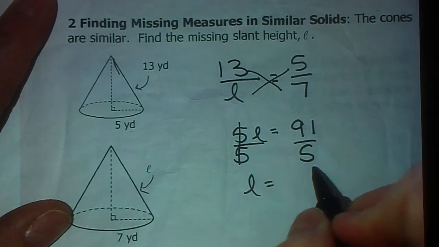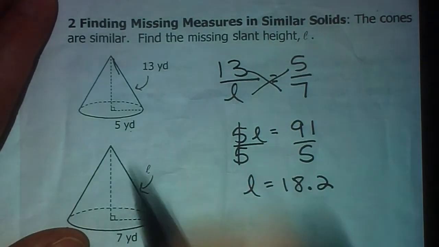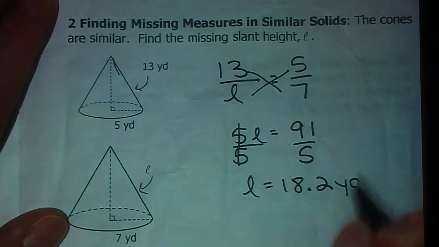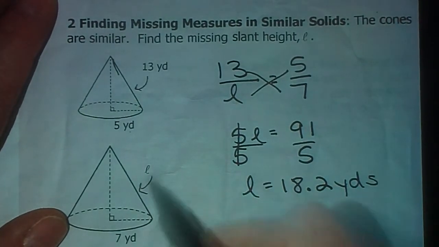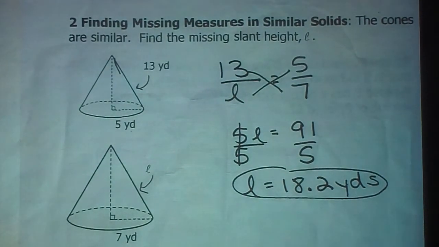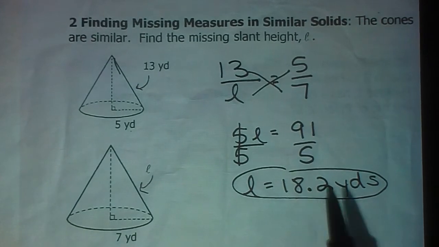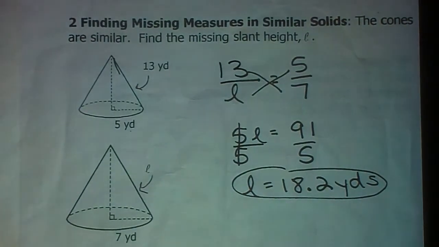So 91 divided by 5 gives us 18.2, and it looks like all of these other measurements are in yards, so 18.2 yards is the slant height of this shape. So basically, when you want to know a missing portion, all you do is set up a proportion, cross multiply to make a one-step equation, and solve it.